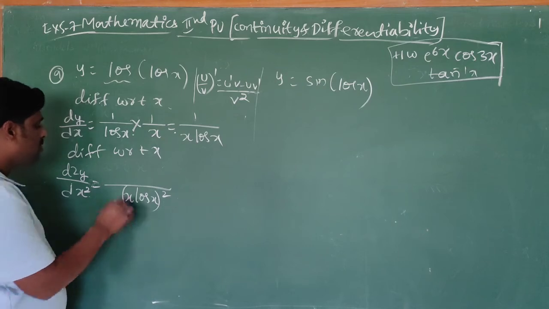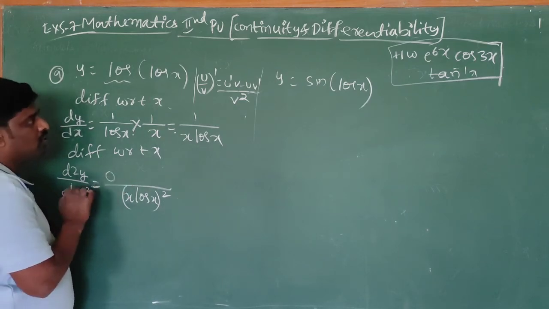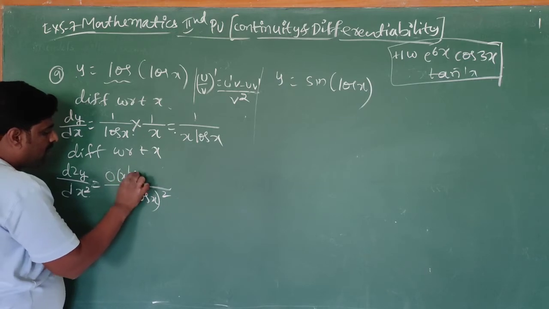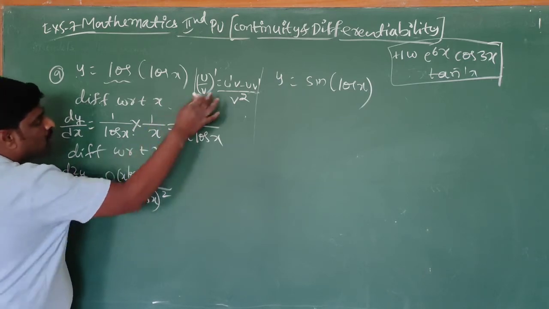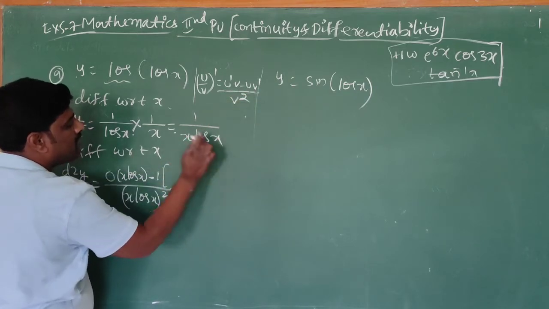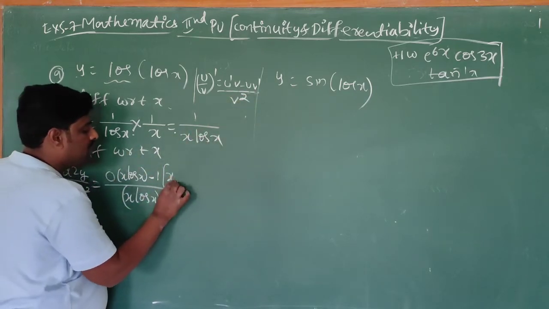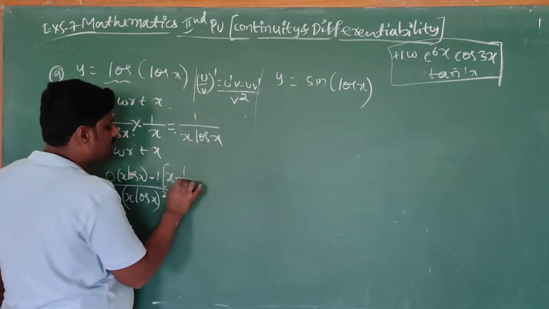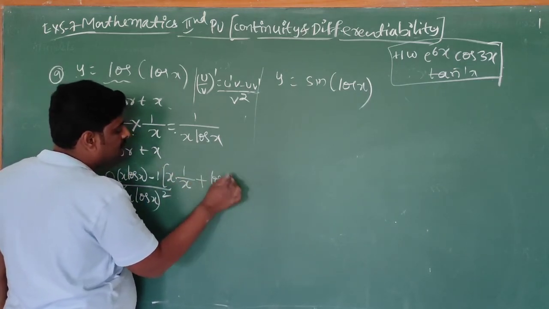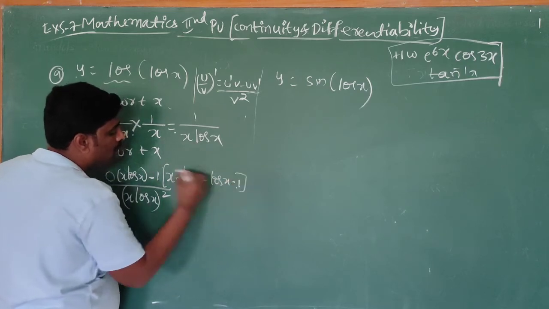u dash means the differentiation of 1 is 0, into v means x log x, minus u is 1. So v dash means d by dx of v. X into log x differentiation is 1 by x, plus log x as it is, x differentiation is 1.